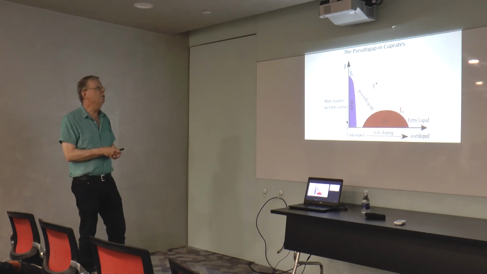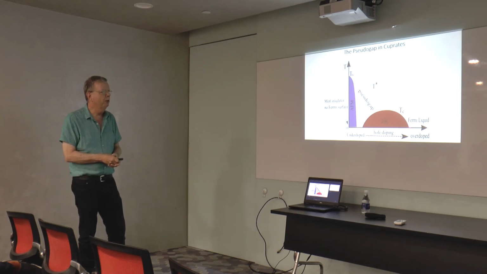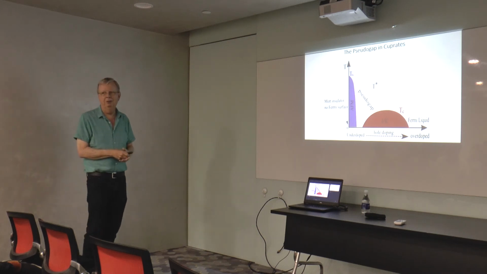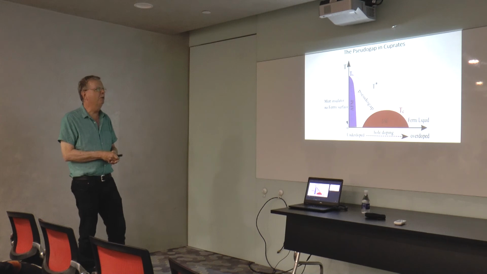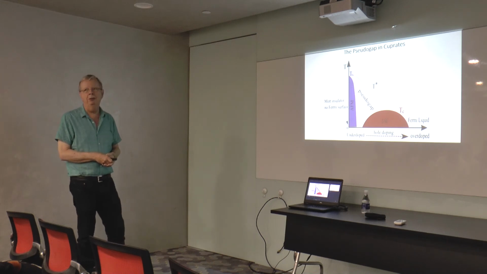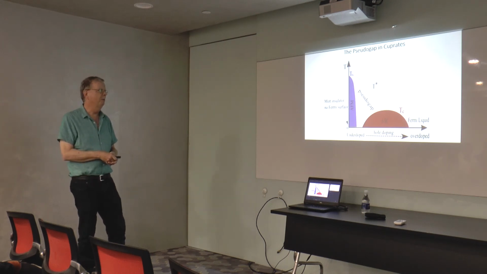Depending on which measurement technique you measure the pseudogap temperature with, it either comes down and goes here, or it comes down and goes over here. And you notice this drawing is sort of wishy-washy. It's not quite to the peak, and it's not quite over here. It's sort of trying to avoid the argument. And everybody on both sides of the argument is sure they're right, and is sure the other guys have misinterpreted their data. I will not enter into this argument. I do not care.